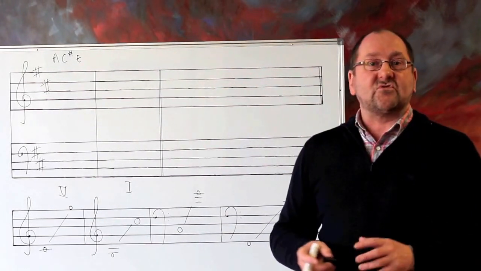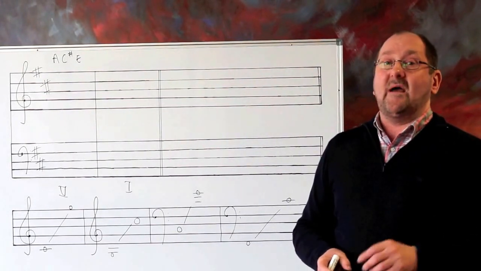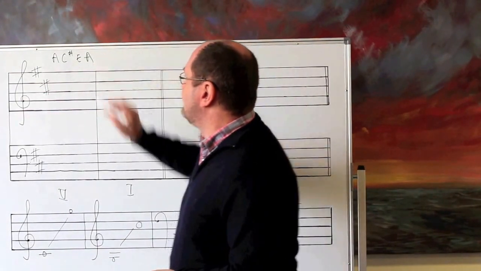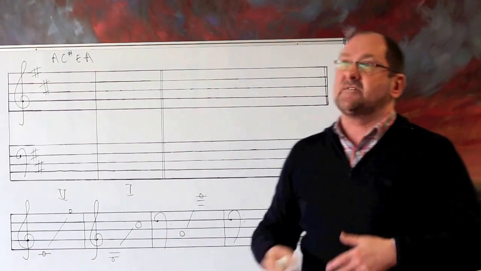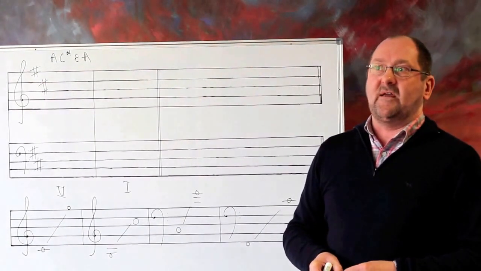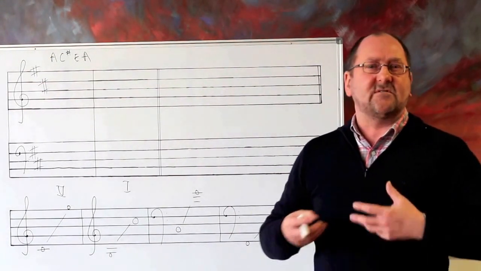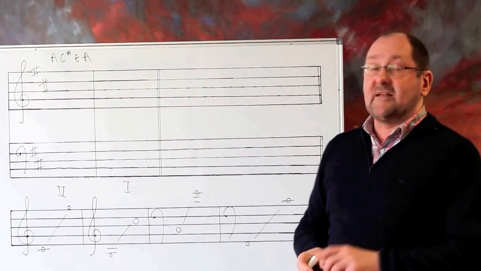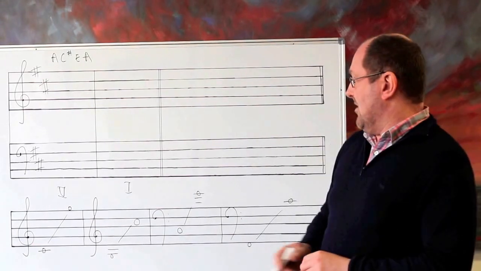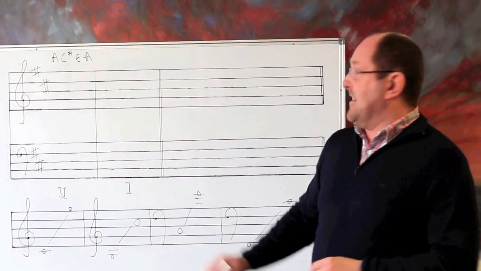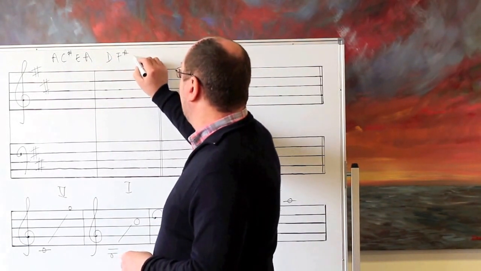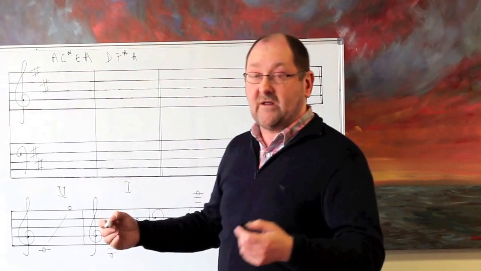Well, the strongest note to double is always the tonic. So let's double the A. You can double other notes, it's just that when you double the tonic, that gives you the most solid effect when you hear the chord. So let's do that. Let's do the same thing for chord 1 as well. So chord 1, we're going to need D, F sharp, A, and let's double the tonic again, D.